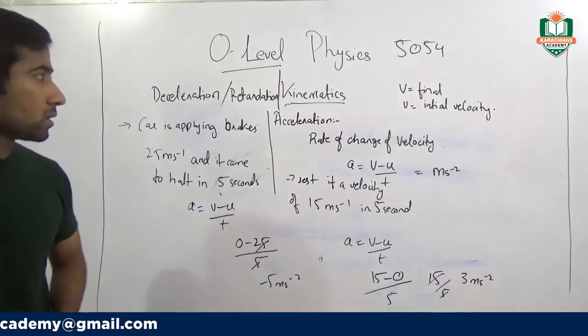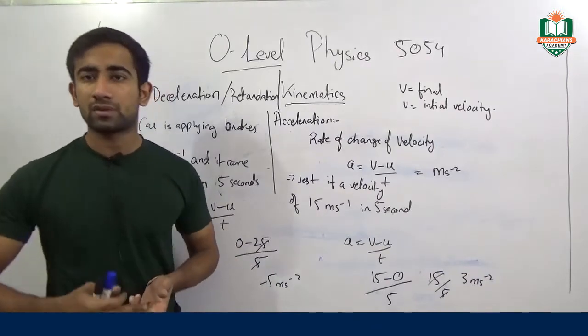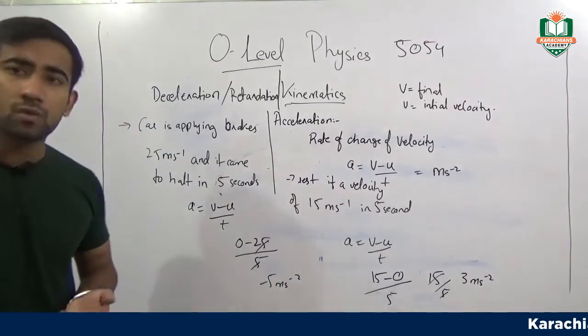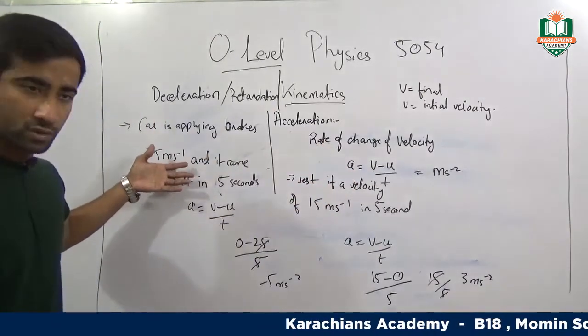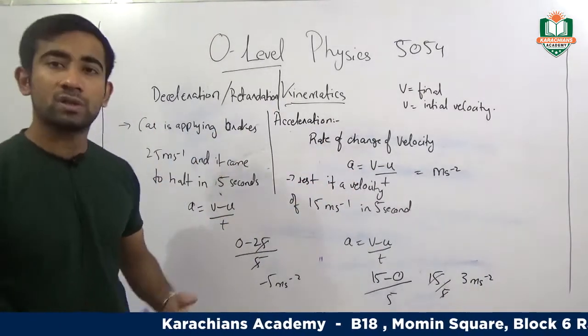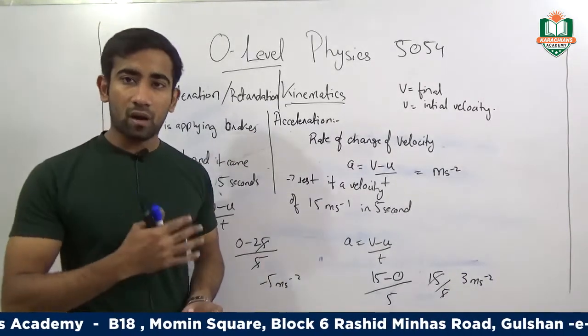So I hope things are pretty easy at this level. We have discussed distance, displacement, speed, velocity, acceleration, and deceleration, and we will be moving on towards the graphs, which are most important, and students fail to understand what graphs actually mean.